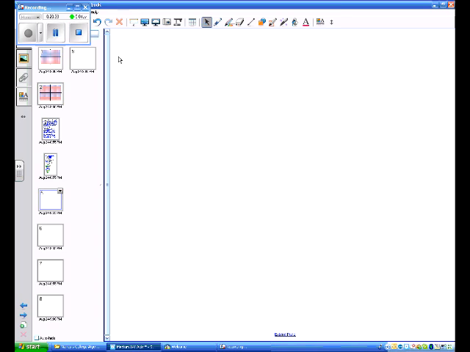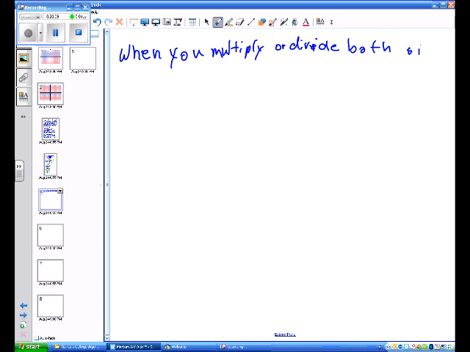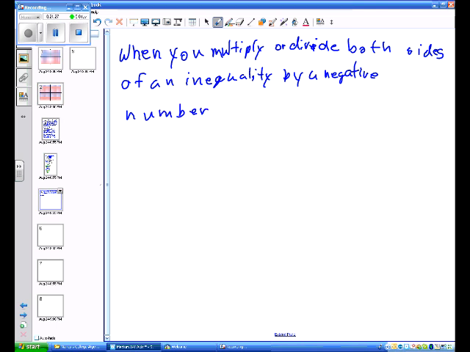So what we deal with is when you multiply or divide both sides of an inequality by a negative number, then you have to reverse the sign of inequality.